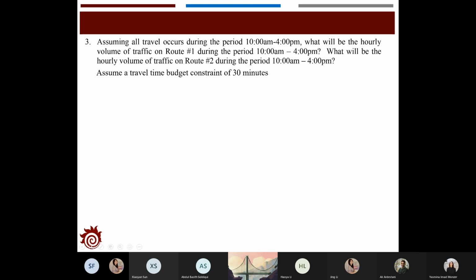In this problem, we assume that all the trips occur during the period of 6 a.m. and 4 p.m. The problem wants us to find out the hourly volume of the traffic on Route 1 and the hourly volume of the traffic on Route 2 for these two specific cases.